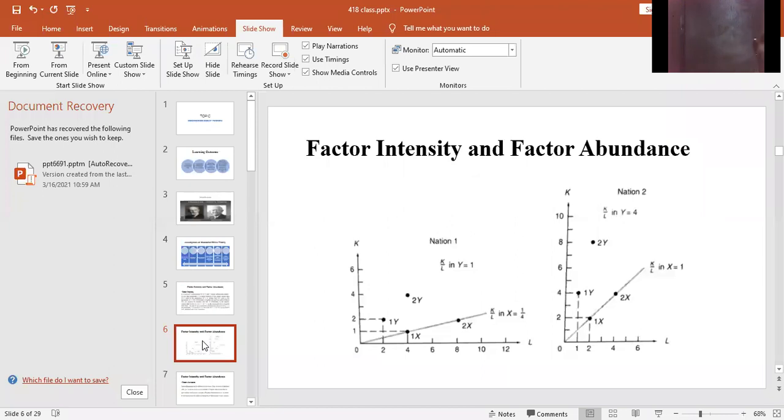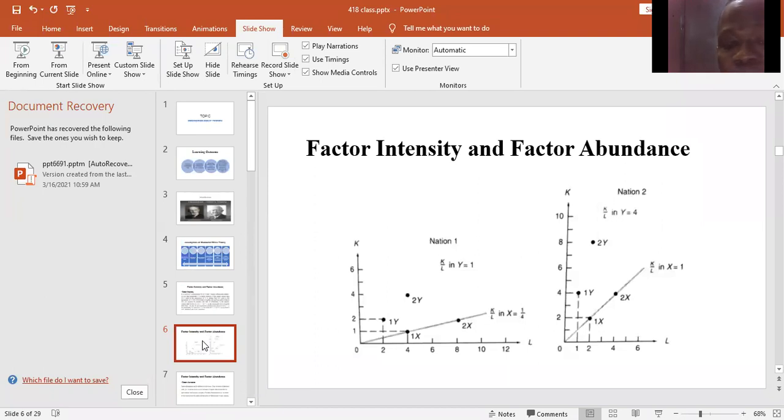You can see two points of tangency, where we have Y1, Y2, and on that line, K over L in production of Y is equal to 1. That means the same quantity of capital that is required to produce Y is also the same quantity of labor that is required to produce that particular commodity.